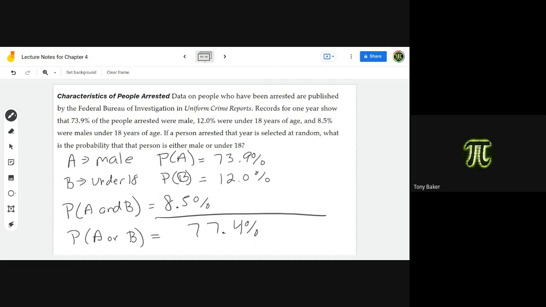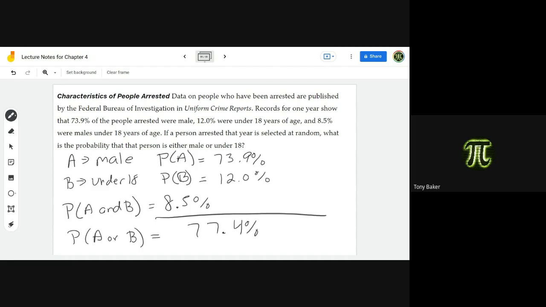You can figure that one. 1.5. 3.5. No, 3.5. You're right. 3.5% were females under the age of 18. But over the age of 18, you don't have enough information to get. Why not? Well, technically you could figure out how many females were arrested by just doing the opposite of males.